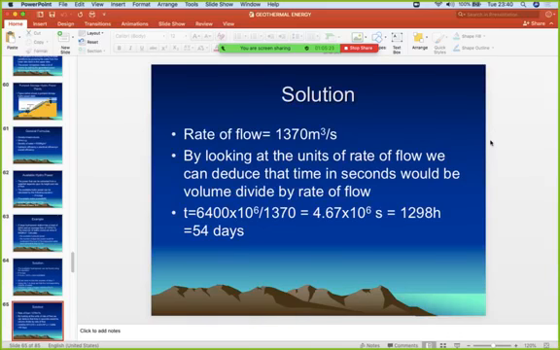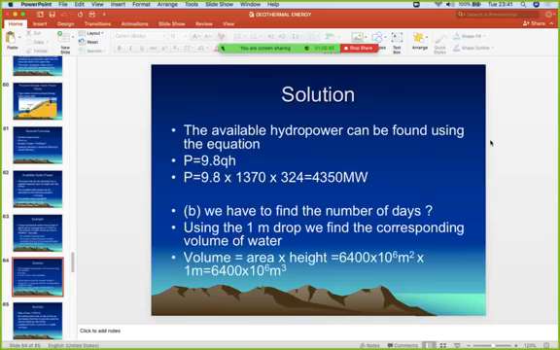The rate of flow is 1,370, so we're looking at the unit rate of flow. We can reduce the time to seconds. So 6,400 times 10 to the 6 divided by 1,370 equals 4.67 times 10 to the 6 seconds, which equals 1,298 hours, so 54 days, no? 54 days.